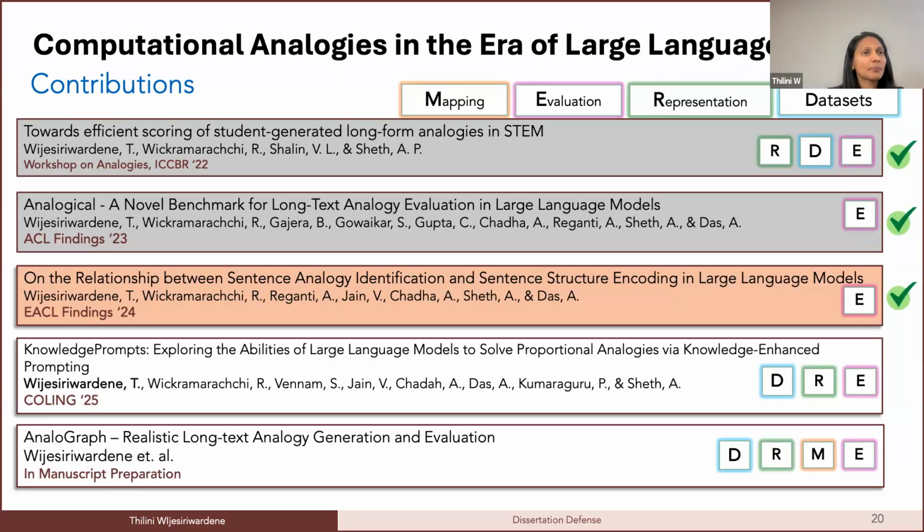Now, I briefly looked at the inner workings of LLMs and how LLMs identify analogies, looking at how they create embeddings and all that, like probing mechanisms. So this work does that.